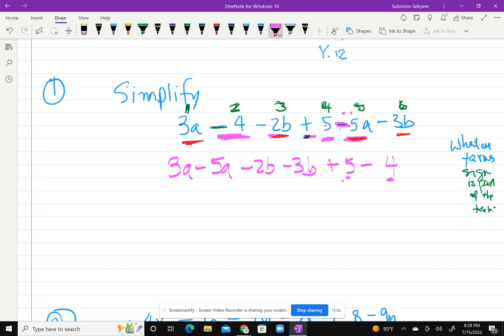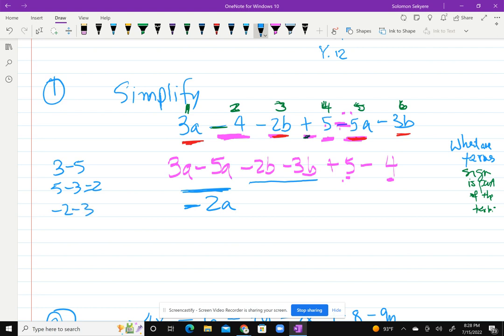Okay, so now let's apply addition and subtraction of integers. So now 3 minus 5, what is 3 minus 5? We know 5 minus 3 is 2, so 3 minus 5 is negative 2. So 3a minus 5a will be negative 2a. And then here, negative 2b minus 3b, you remember what we did?